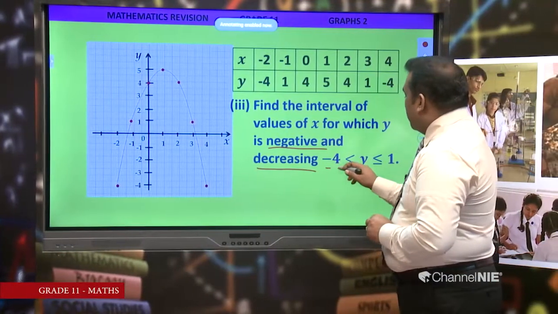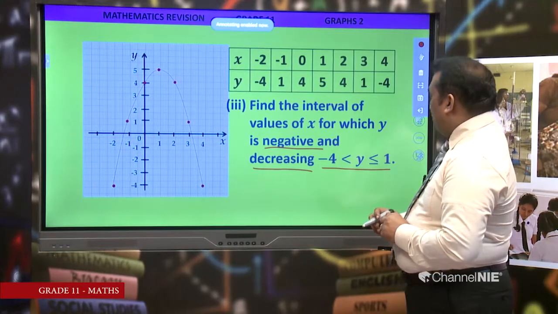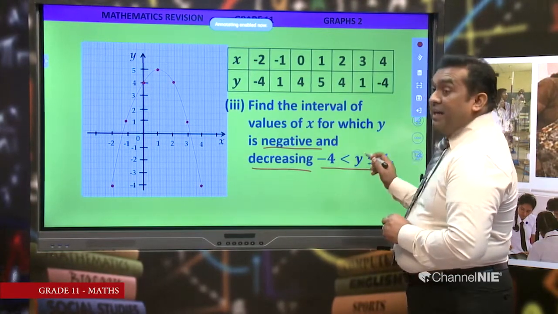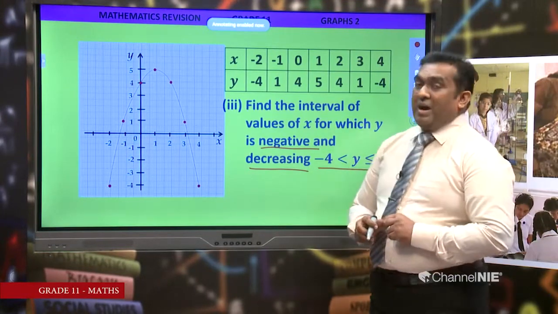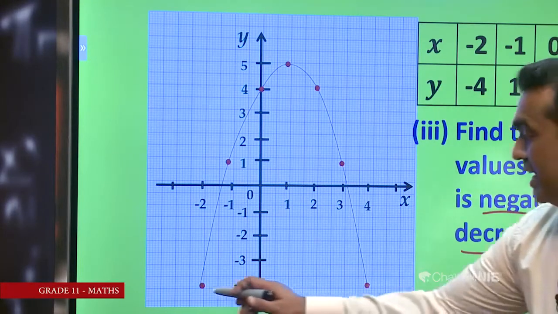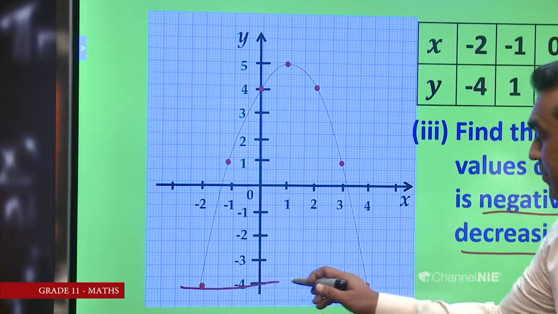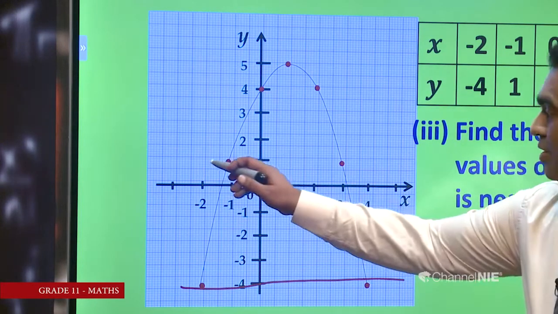There is a range: y less than minus 4, or y greater than minus 4 and less than or equal to 1. Greater than means this line, no? Less than or equal to 1.